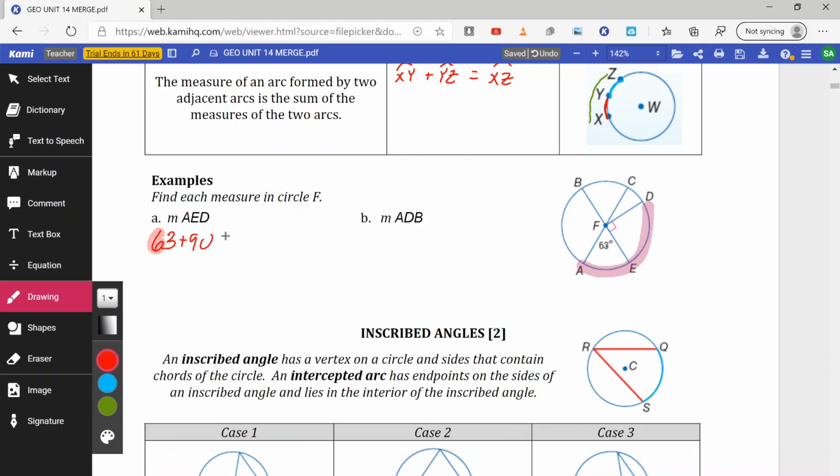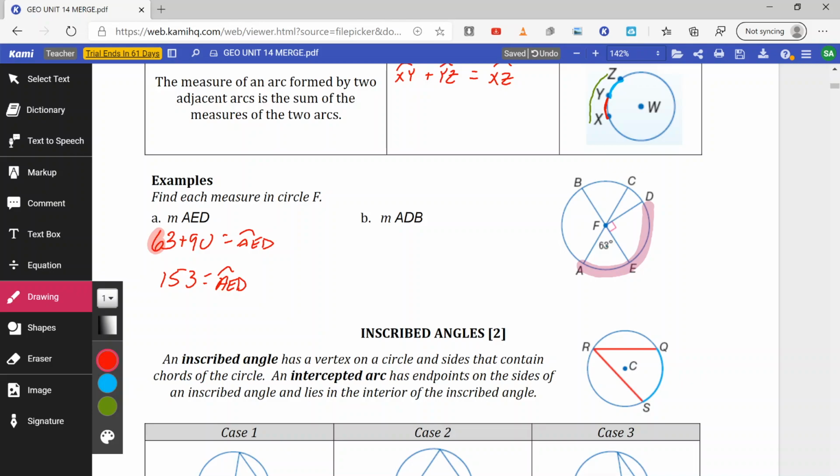And I'm going to get arc AED. And I add them together and I get 153. So that one's pretty straightforward, simple. I just add the angle measurements that comprise arc AED and we get a straightforward answer.